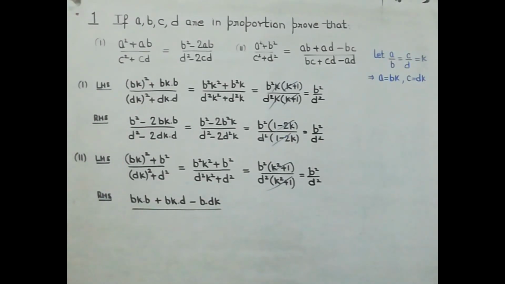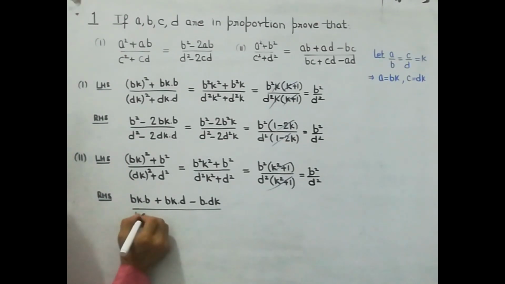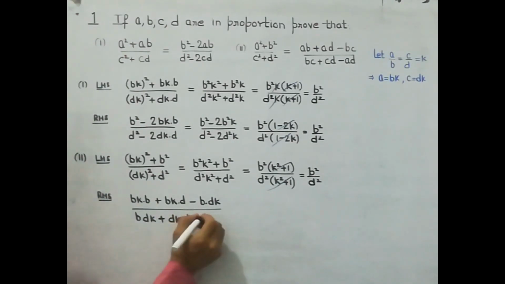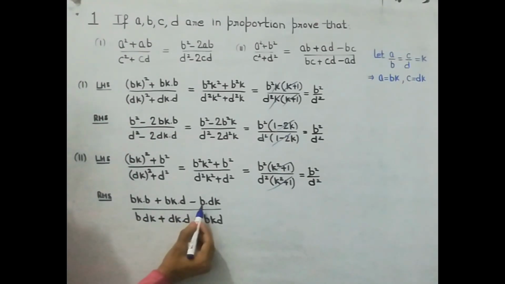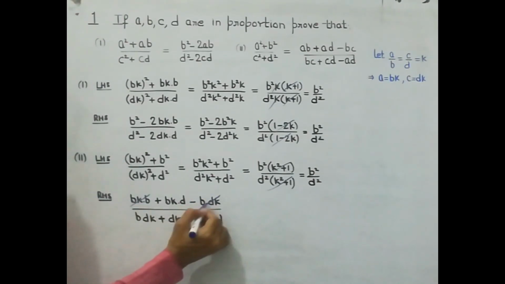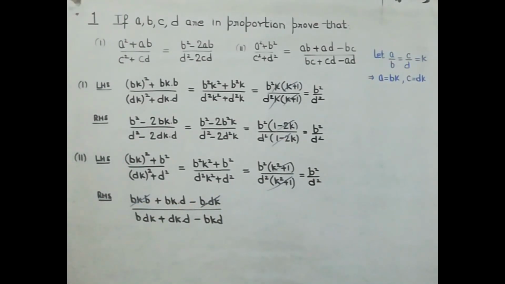Now similarly in the denominator place, B will remain as it is, C will be replaced by DK, and plus C will be replaced by DK into D, minus A will be replaced by BK into D. After substituting these values, you see we are getting negative BDK, positive BDK, so this cancels out.